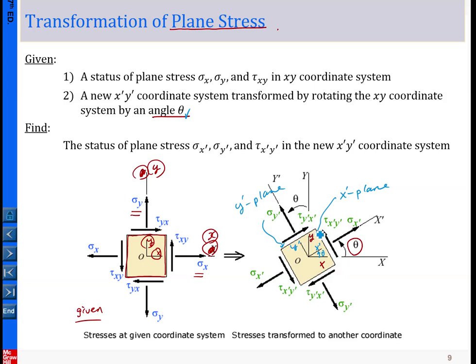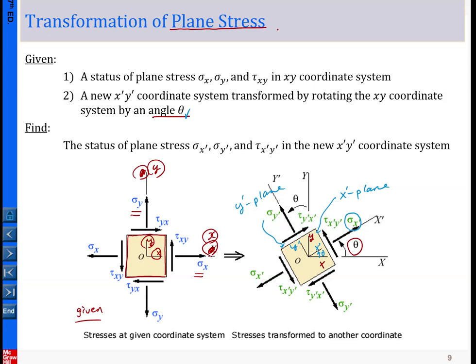On the new stress element, this is the normal stress in the x prime direction, and we use sigma x prime, and this is the normal stress in the y prime direction, and we define sigma y prime, and tau x prime y prime.